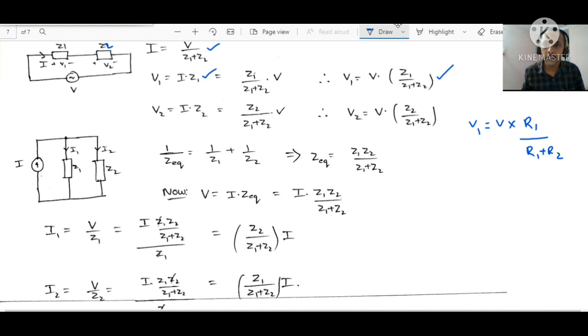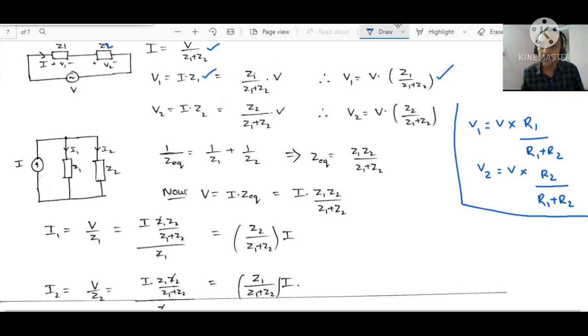Similarly, V2 equals total voltage into Z2, same arm impedance, divided by total impedance, just like our voltage division rule for resistors. V2 equals V into R2 divided by R1 plus R2. This is the voltage division rule we have learned.